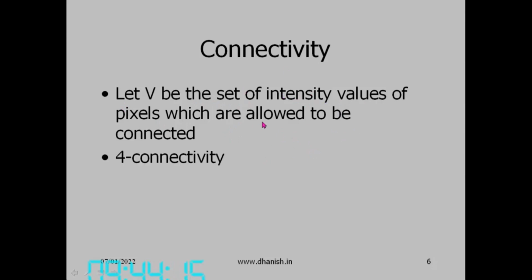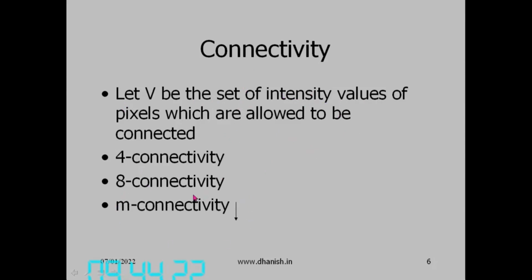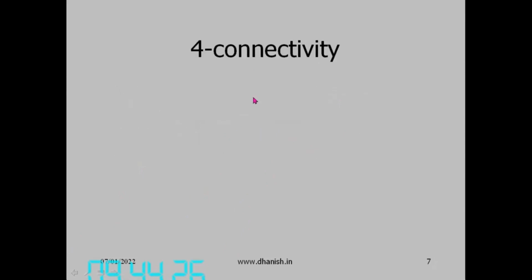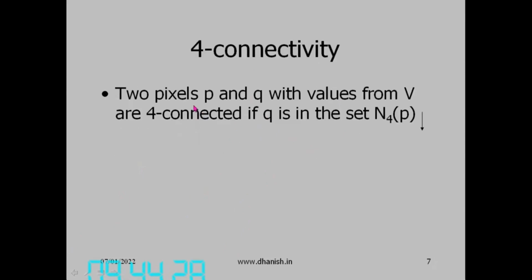That is connectivity. We can think of 4 connectivity, 8 connectivity and M connectivity. For 4 connectivity, two pixels P and Q with values from V are 4 connected if Q is in the set N4 of P. So two pixels are 4 connected if they are horizontal or vertical neighbors.